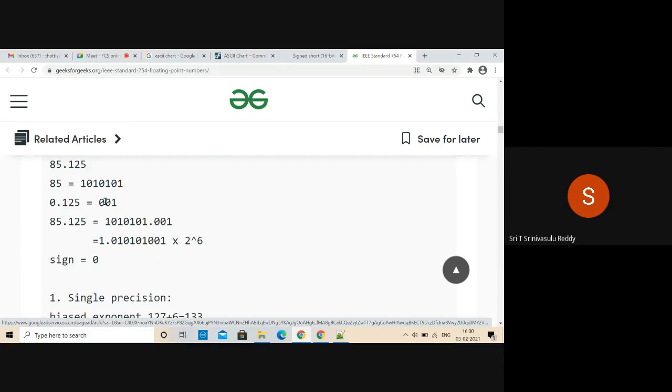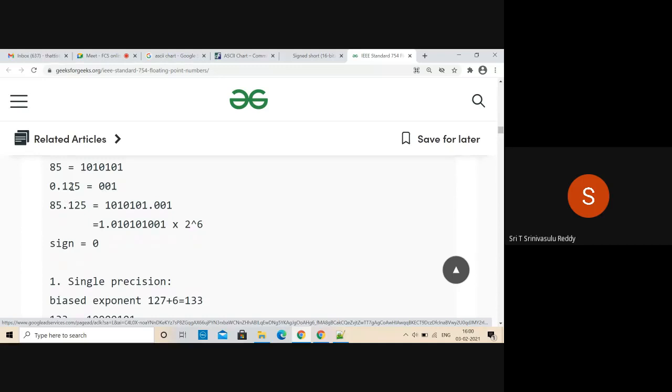Then 0.25 into 2, you get 0.5, you get 0 here. 0.5 into 2, you get 1.0, so that 1 you are going to get. So 0.125 is represented as 001.